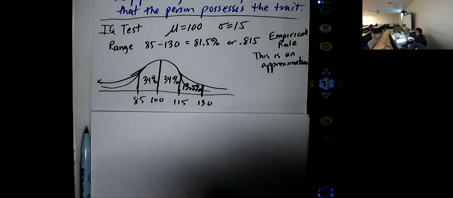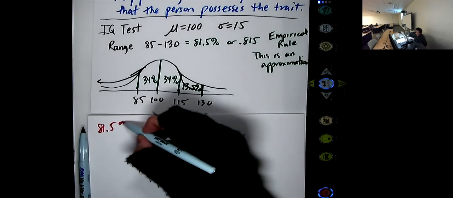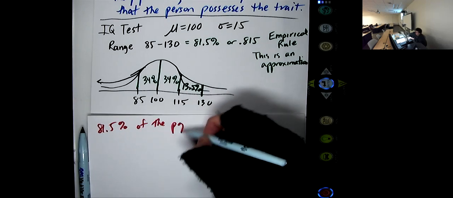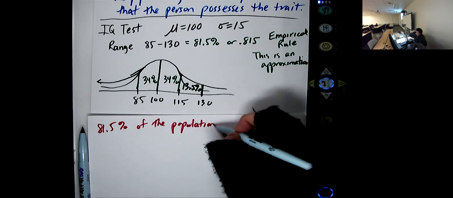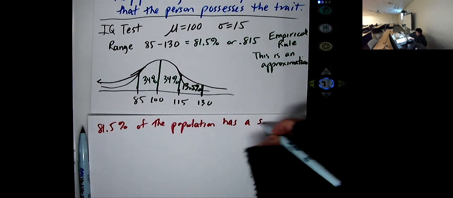So what this means is 81.5% of the population has a score between 85 and 130.